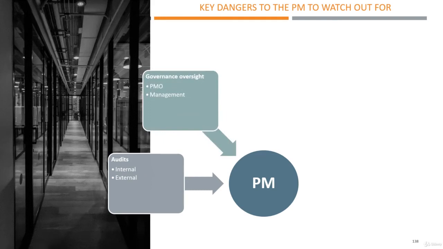Now that seems a little bit cheeky, but I suppose the PMO, project management office, and management will also keep an eye on your governance. And sometimes when things get tough, they are looking for, how can I put that in a politically correct way? They are looking for points of failure.